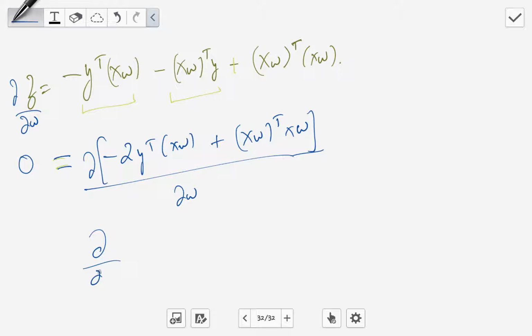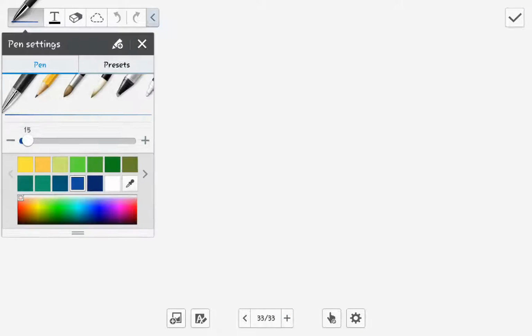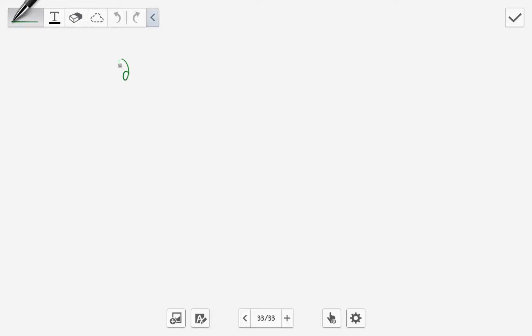There are two differentiations to be done: d by dw of xw transpose xw, and the other is d by dw of minus 2y transpose xw. Let us do the first one first. That seems simpler. d by dw of minus 2y transpose xw.